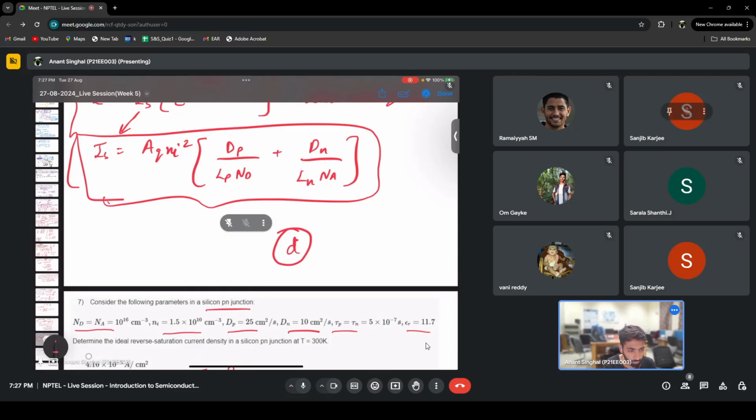Okay, one more thing to add is we need to calculate the current density. So we don't require the area. We need to calculate Is by A, that is Js.